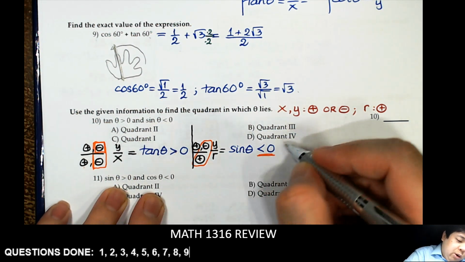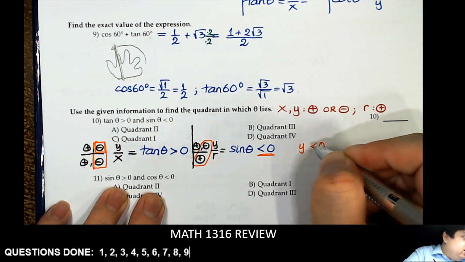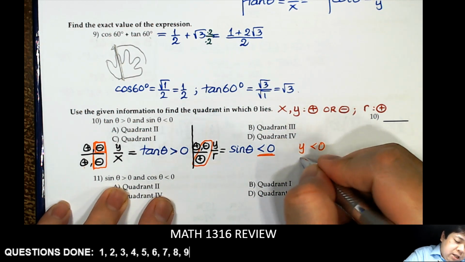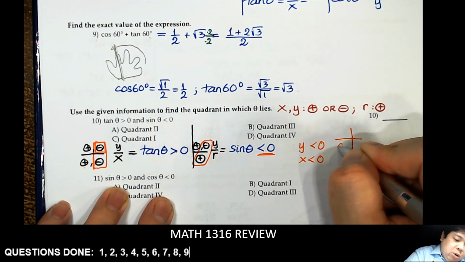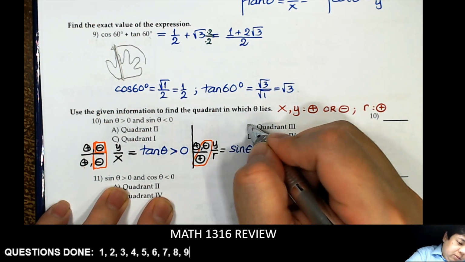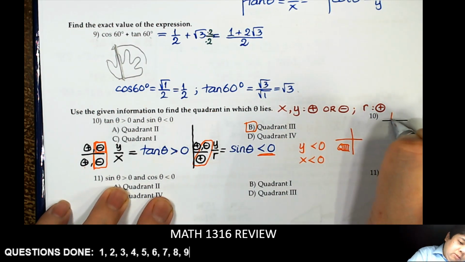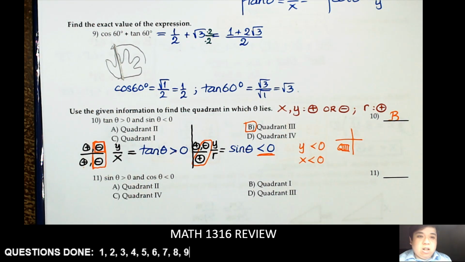So we have Y negative and X negative, so that must be in quadrant 3. That's one way to do it. There are a lot of ways to do it.